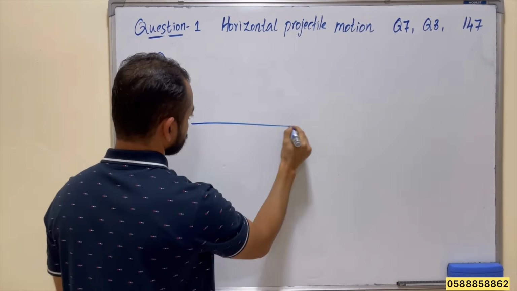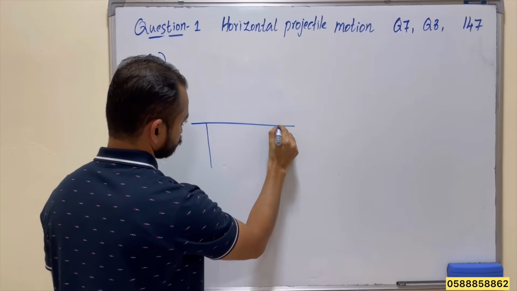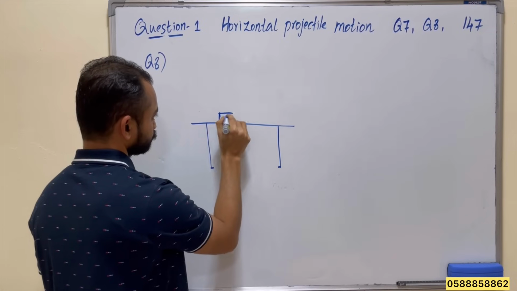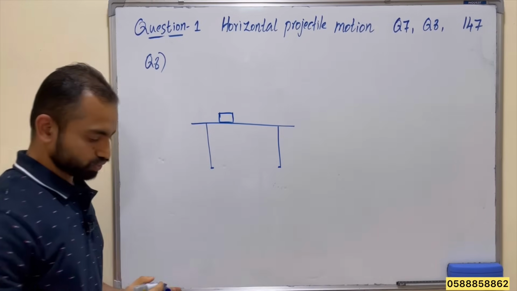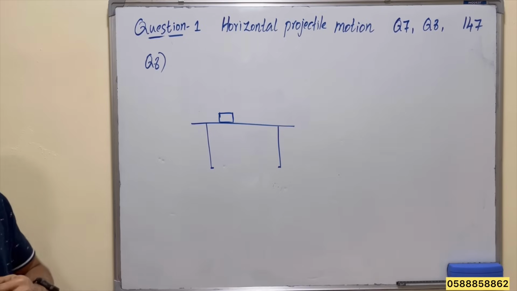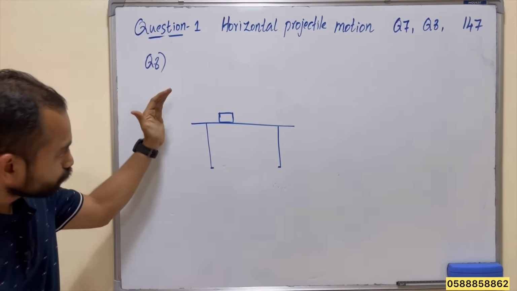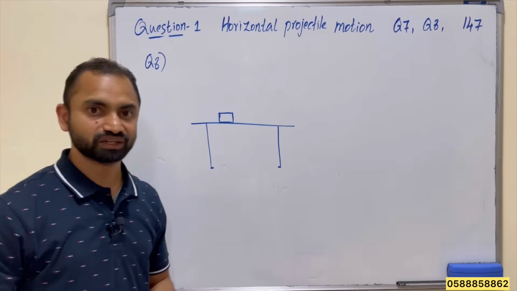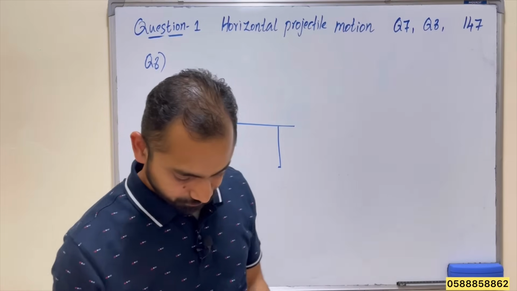So there is a table here. On this table there is an ice cube. Ice cube on the table, there is no friction on the table. So the ice cube is moving at a constant velocity.